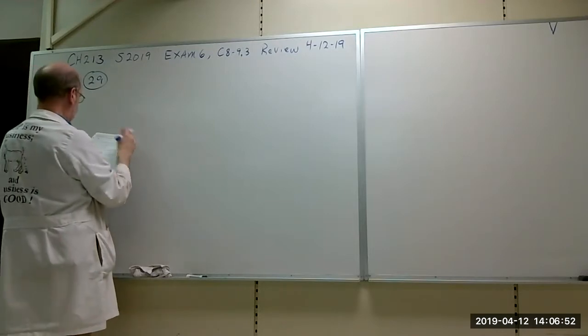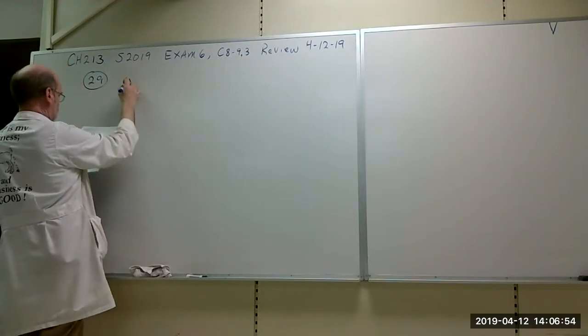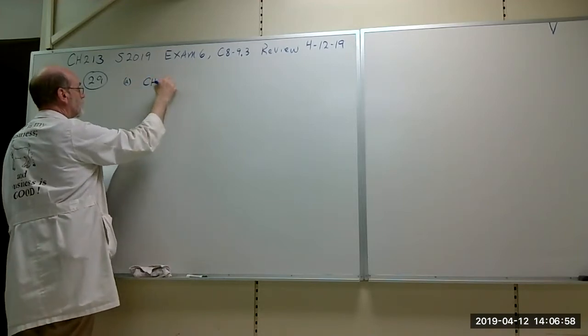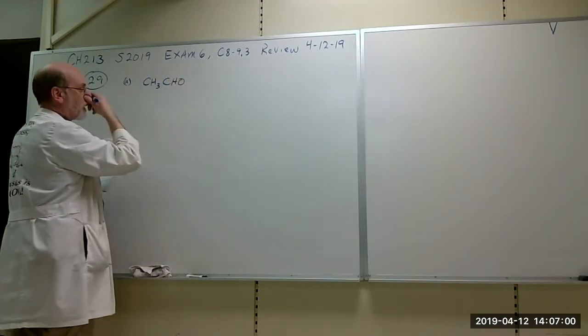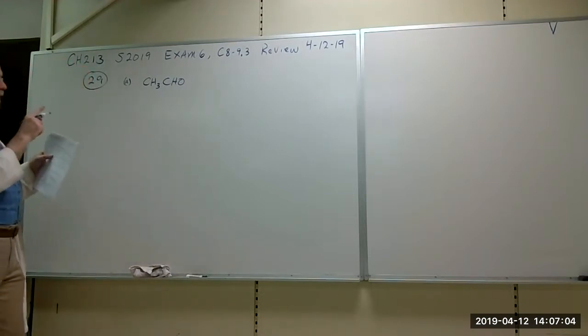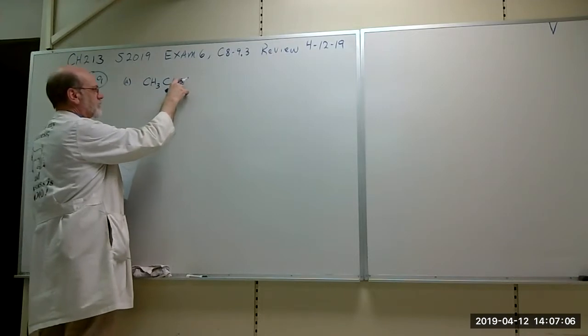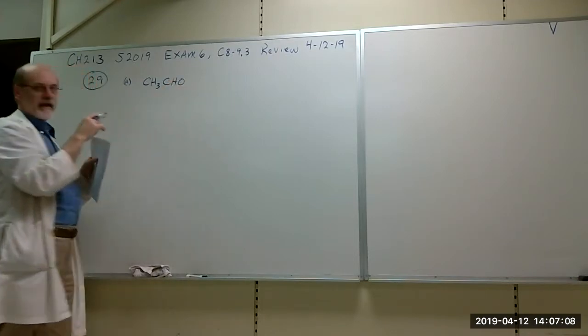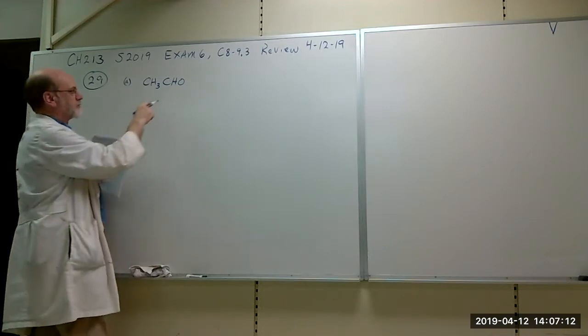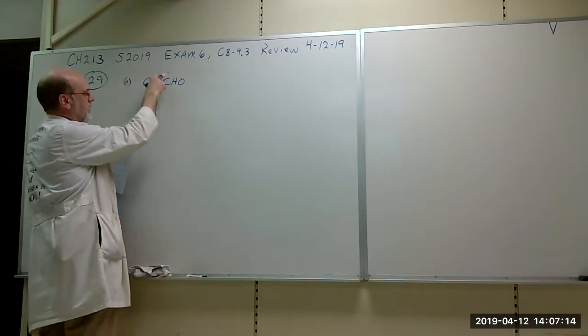So, which one of these has a trigonal planar geometry at a carbon atom? Okay, first one. CH3CHO. Now, we didn't go over this before, but when you see something like this, this is organic chemistry convention in the way we write compounds. This carbon is bound to that carbon.